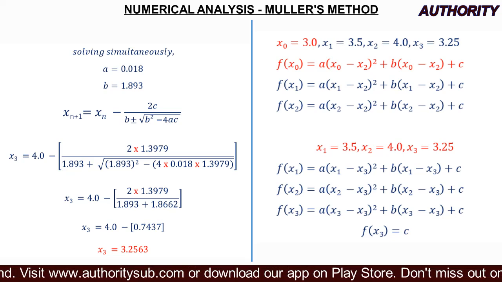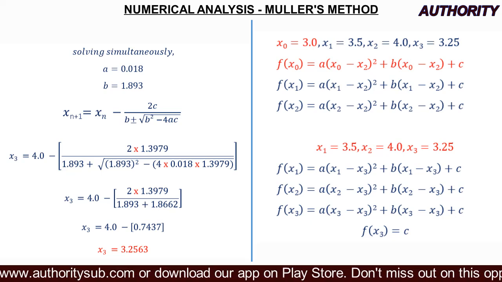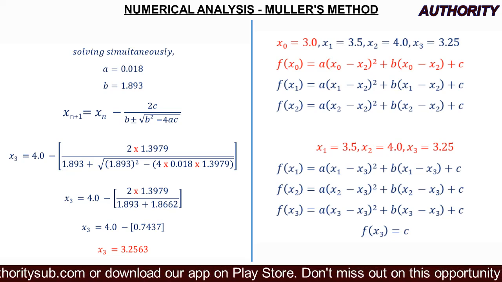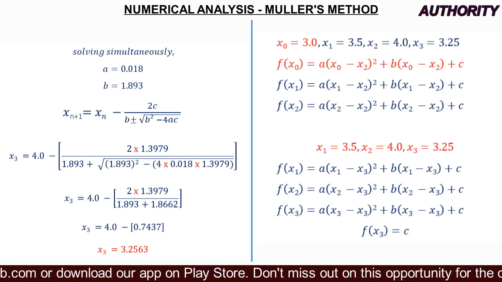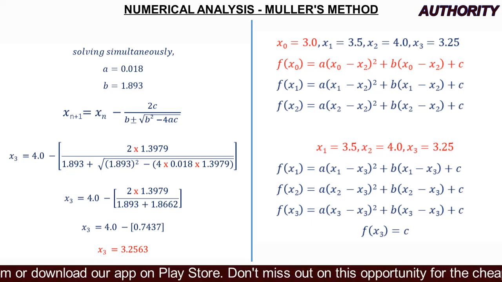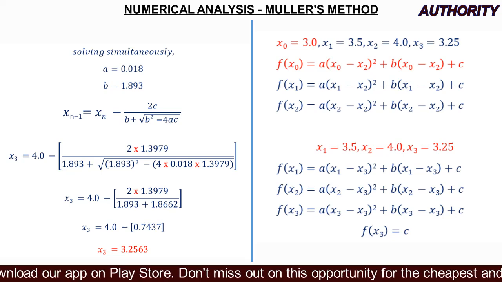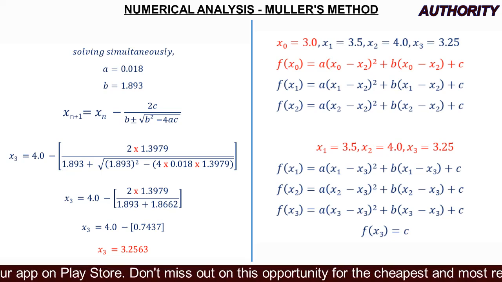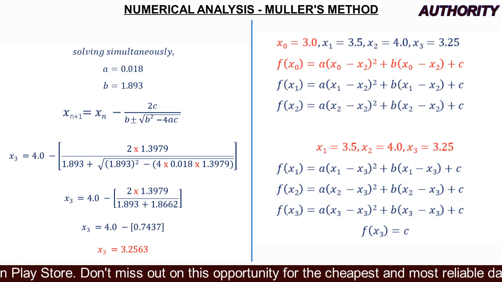But we already know f of x1 and f of x2, so the only thing we need is to find f of x3. Then you replace c with f of x3, and perform the operations x1 minus x3, x2 minus x3, and x3 minus x3, which you have done. From here, we find your a, b, and c.